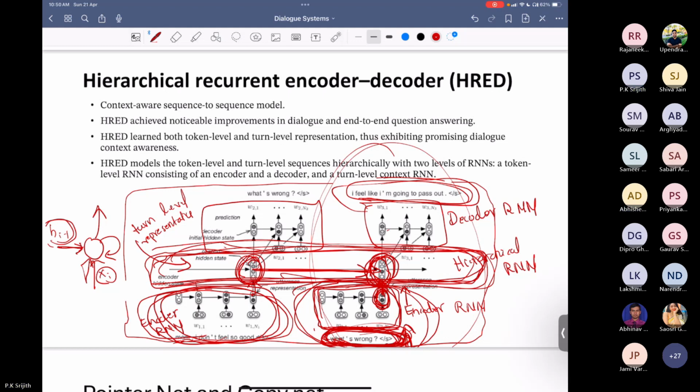These decoders make use of that representation of the hierarchical RNN, which mainly is that turn level representation, and they use these to generate your system response.